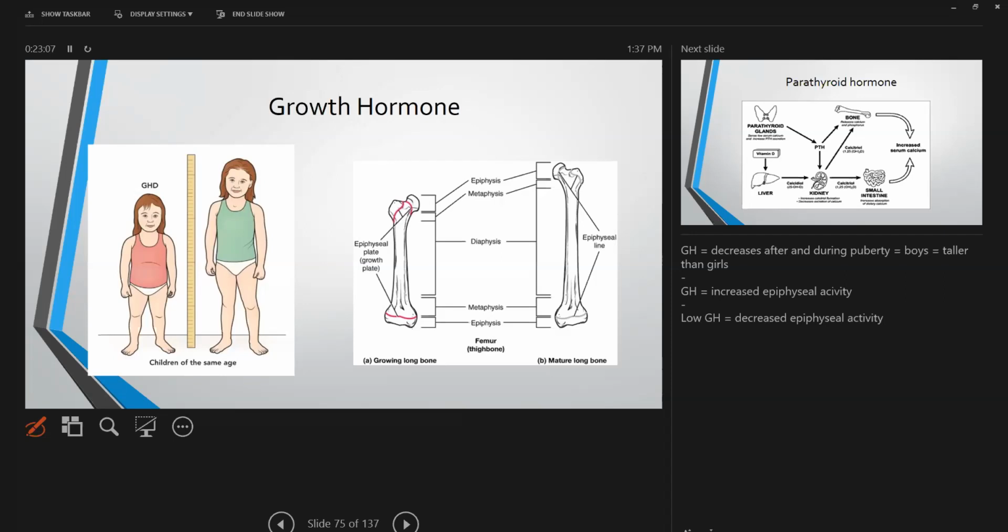What that means is that the bones are not going to grow anymore in length. So when you see a growing bone, the epiphyseal growth plate is intact, which tells us that the patient has not gone through puberty yet, and that the epiphyseal plates are still actively making bone longer and longer.